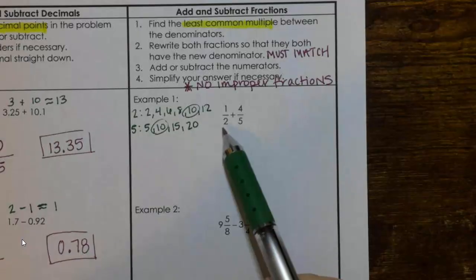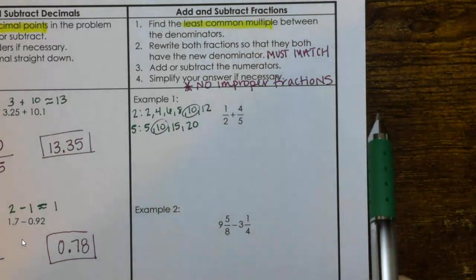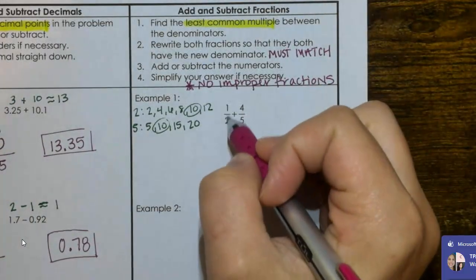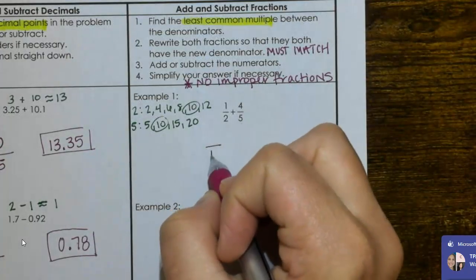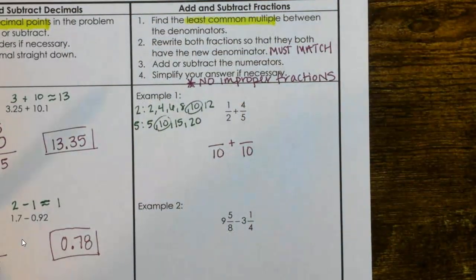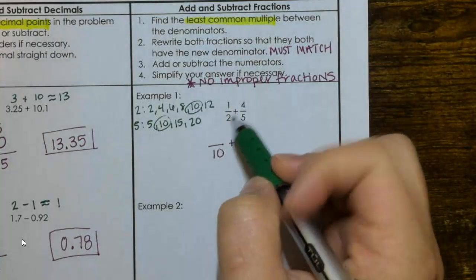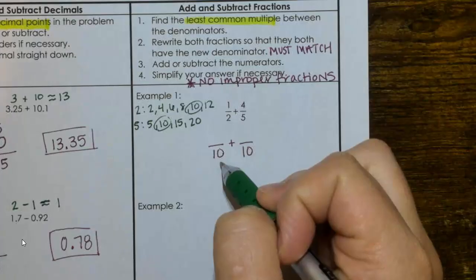So I can change a 2 to a 10, and I can change a 5 to a 10 by multiplying. So my first fraction is 1/2. We need a new denominator of 10 for both of these. They have to match. So using multiplication, how can I get from a 2 to a 10?